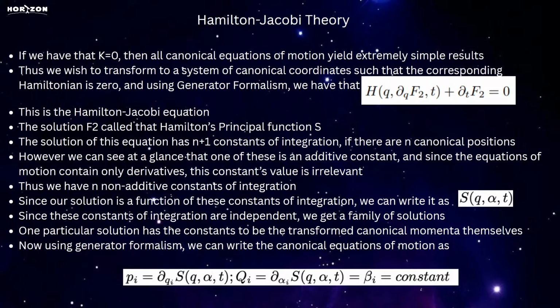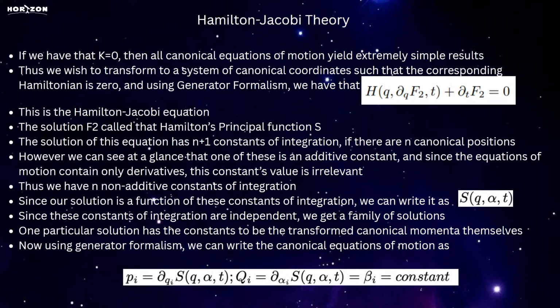Now, the theory of PDEs is a bit complicated. We won't go into it in detail. But what you need to know is that the solution for any nth order PDE is that you have n constants of integration which are independent and they can take any value.